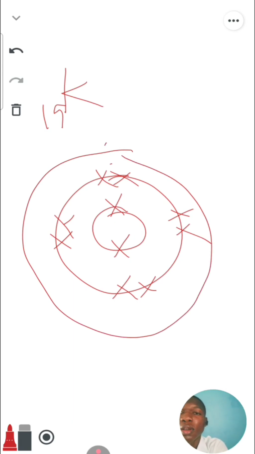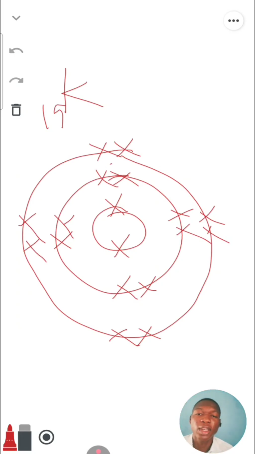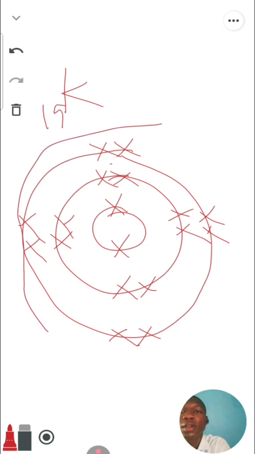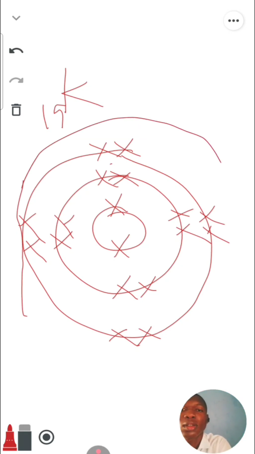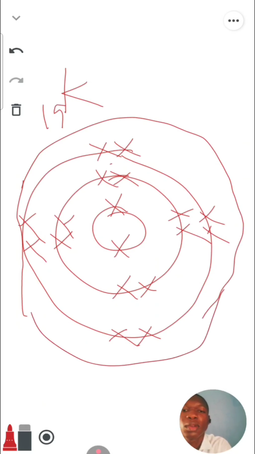Are you following? 1, 2, 3, 4, 5, 6, 7, 8. So we've arranged 18 now. Remaining 1 left, okay? All right. So don't mind the diagram, not as beautiful as you may like it. So 1 there. What do you notice again?